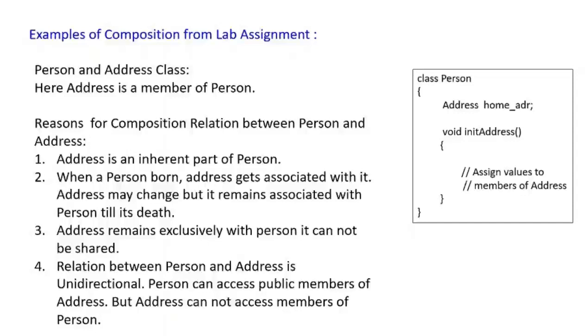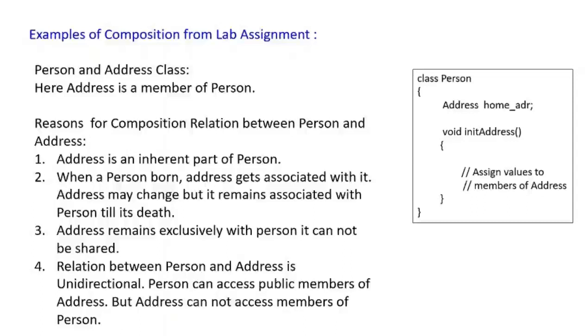Why? Because whenever a person is created, along with that it also has an associated address. An address is an inherent part of a person. When a person is born, an address gets associated with it. The address may change, but it remains associated with the person till death. That's why address is an inherent part of a person.